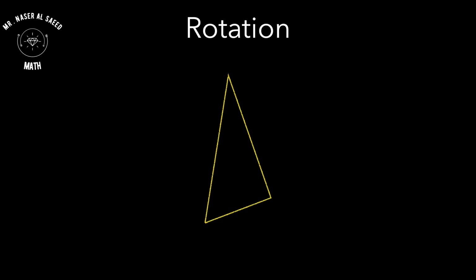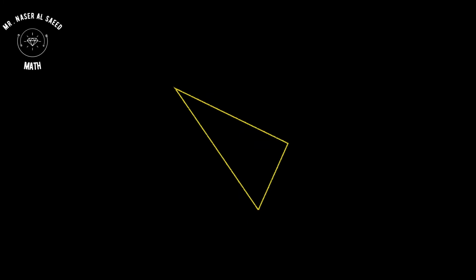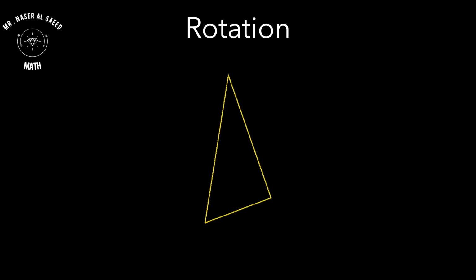It says here it's a rotation, so the shape is going to rotate. Now it's going to transform, which means it's going to move, and now it's going to reflect, which means it will mirror.